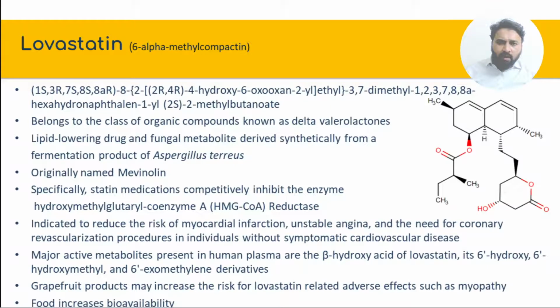And when it is metabolized by the hepatic enzyme system, which is cytochrome P450, the isoform is 3A4. So the major active metabolites present in the human plasma are the beta hydroxy acid of lovastatin. It is the 6-hydroxy, 6-hydroxymethyl, and 6-exomethylene derivatives.